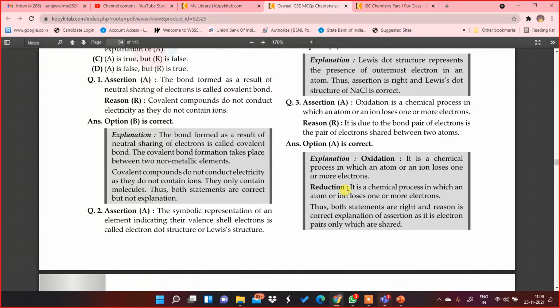True. Loss of electron is oxidation. Now the reasoning: this oxidation is due to the bond pair of electrons, the pair of electrons shared between two atoms.